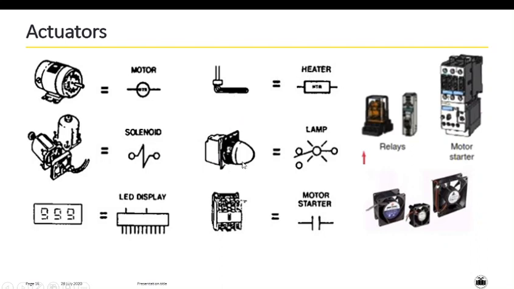Heater, lamp, motor starter. This is also an example of a motor starter. Relays. Based on the specification, the size and configuration of PLCs may differ. And these are some fans. So these are the actuators which you can use. These are the four sub modules which are included in your input output section.